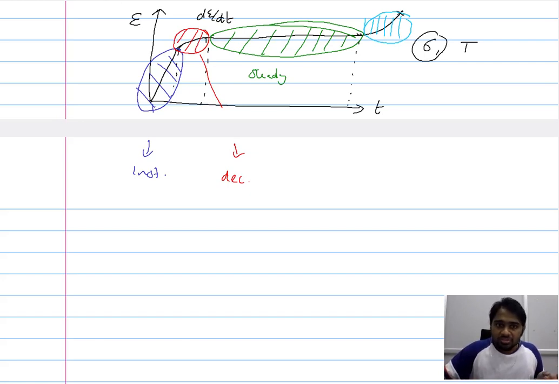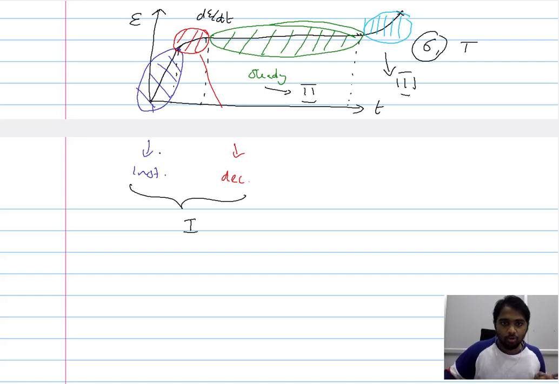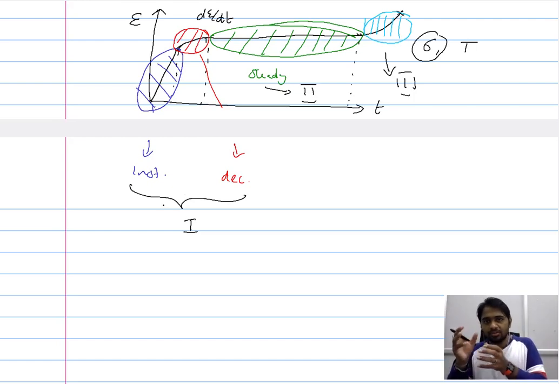Now, for practical purposes, these two stages, that is instantaneous and decelerating, are categorized into stage 1. The steady state is categorized into stage 2, and the accelerating is categorized into stage 3. So the combination of instantaneous and decelerating creep is categorized as stage 1, steady state as stage 2, and tertiary as stage 3.